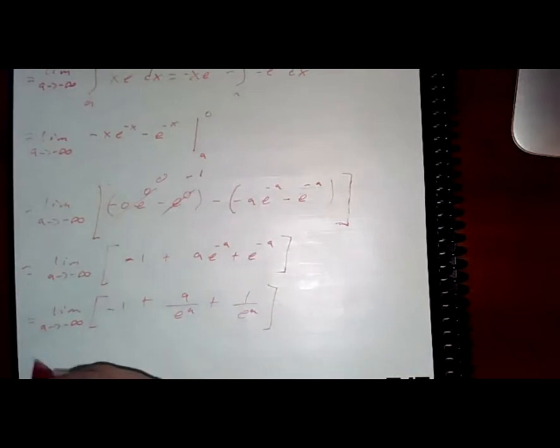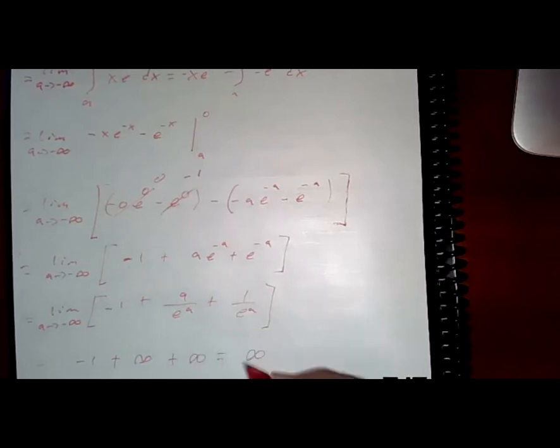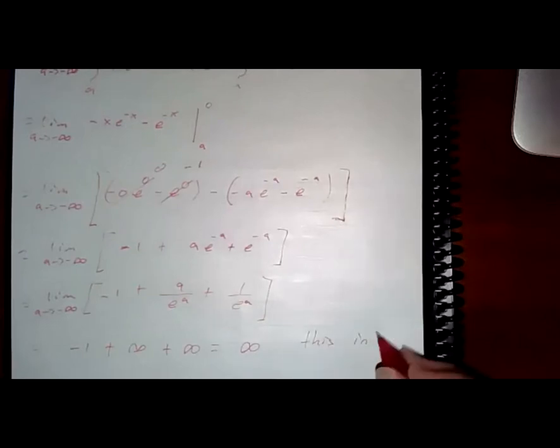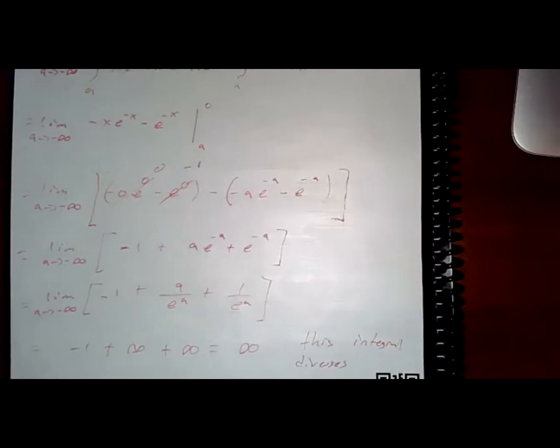So this is basically saying negative 1 plus this, right? Still infinite. This integral diverges.